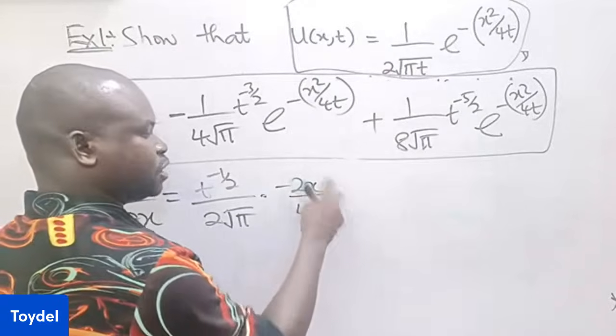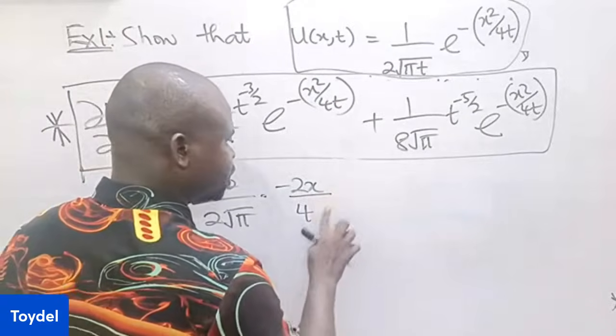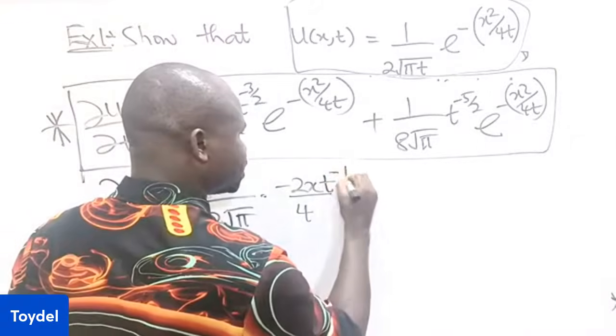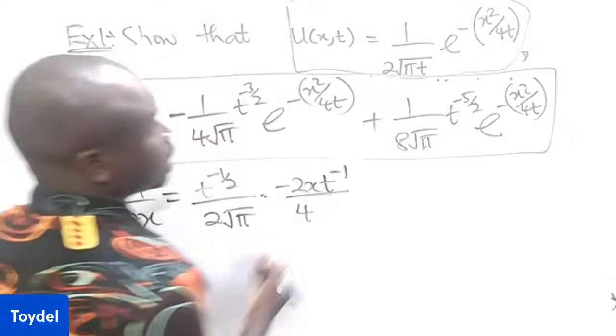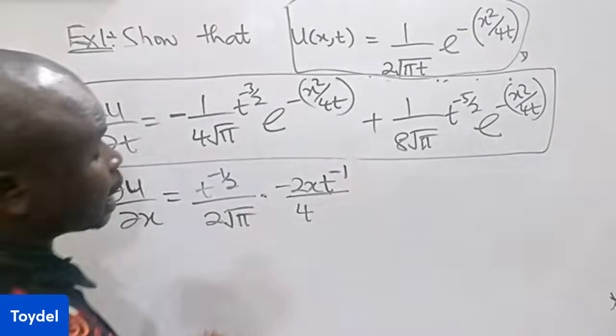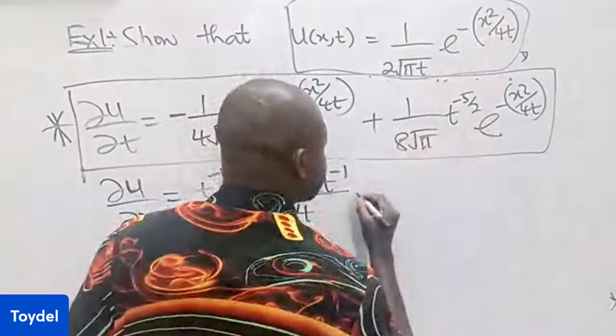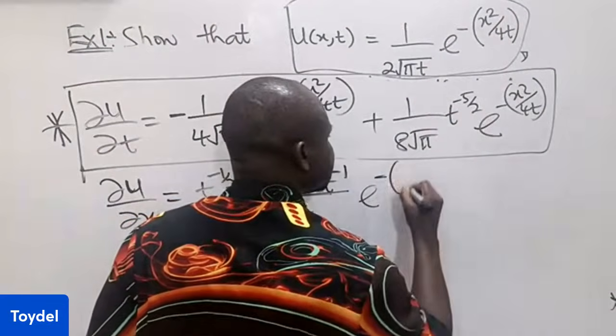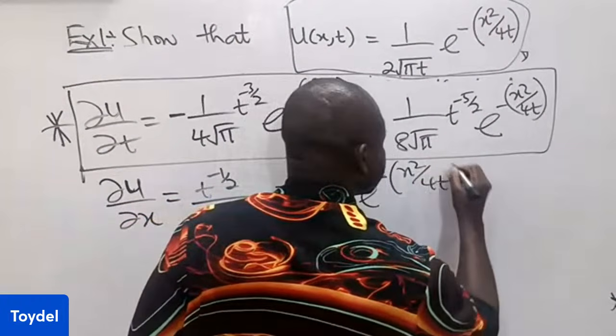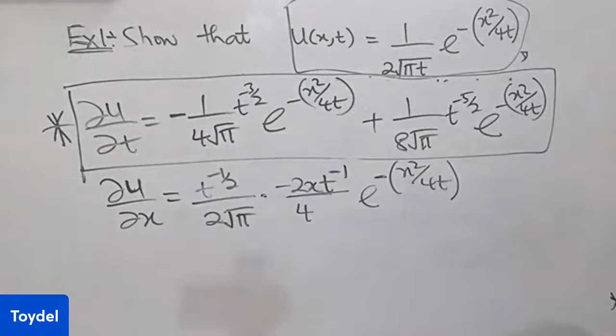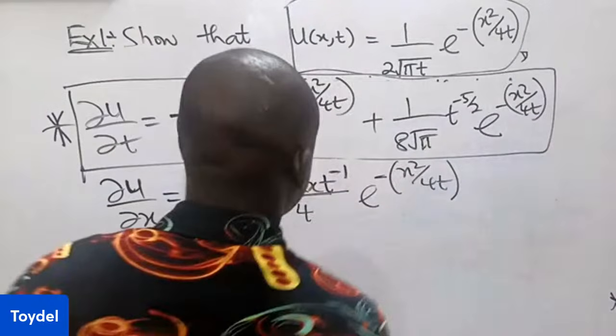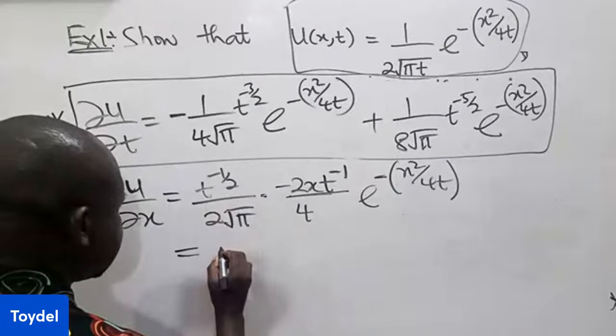If I take it to the numerator, I'm going to have t raised to power minus 1. It's still the same thing, I only apply the law of indices. Then I will write what I have here: e raised to power minus s squared all over 40. That's what we are going to get. So please, let us follow the step. If I do this, I'm going to get 2 can cancel 2.